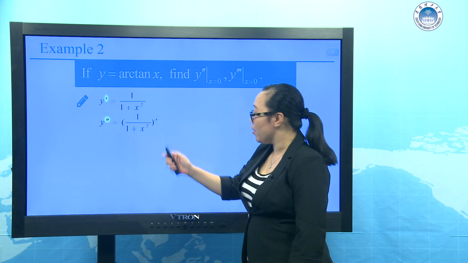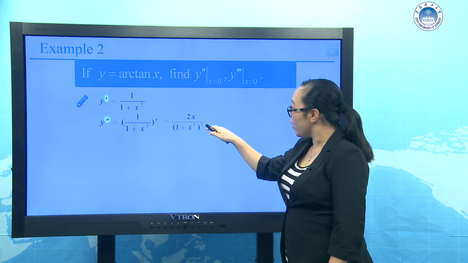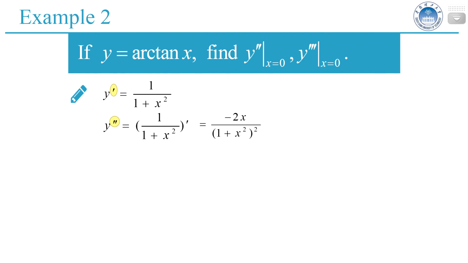Bracket prime, according to the formula, equals minus u squared times u prime. This is our y prime. And then we can get y triple prime. We do this according to the basic formula for u over v, u prime v minus u v prime over v squared. We can get this result.